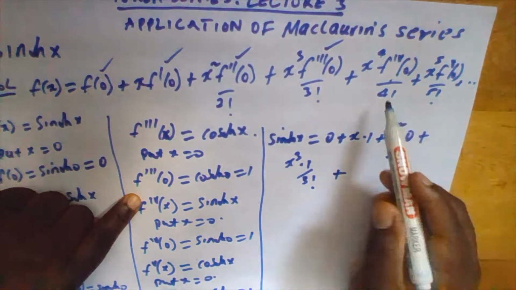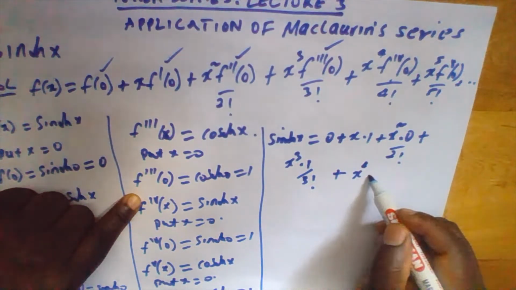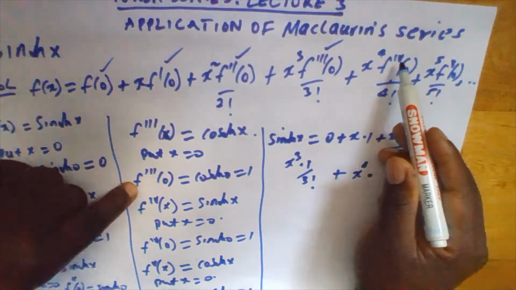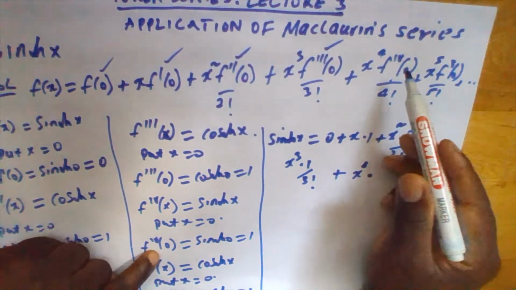Then plus x raised to 4 times f of 0 raised to 4, where is it? It's here.